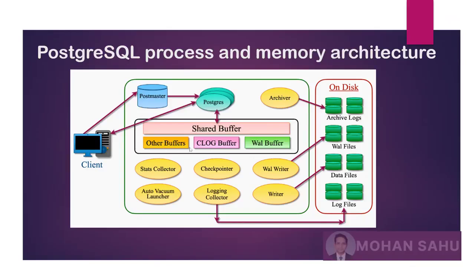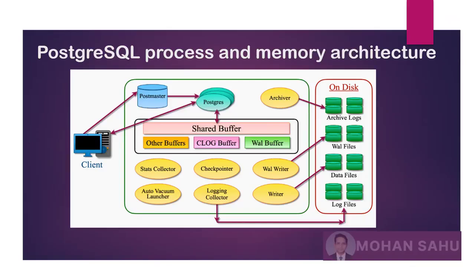Okay, after that we have the clog buffer. Clog means commit log buffers. So what does this do? The clog buffer will have all the information about the transaction status, whether it is rolled back, committed, or in progress. All the information will be written in the clog buffer.